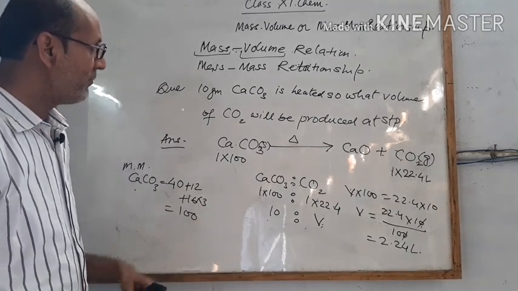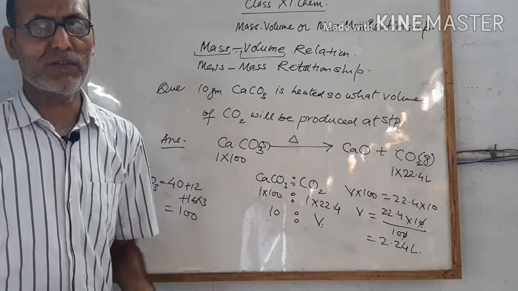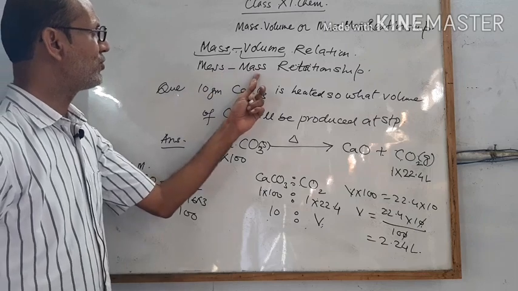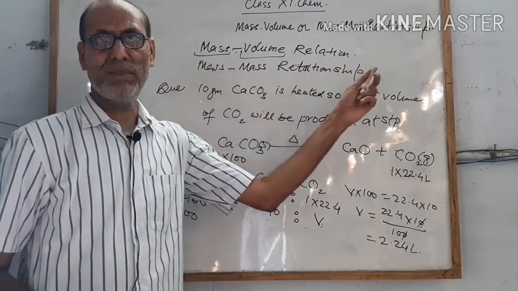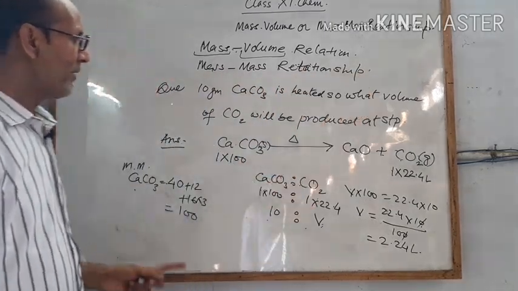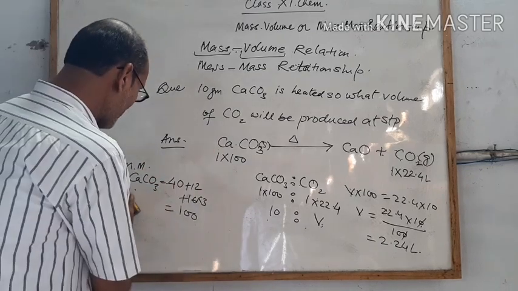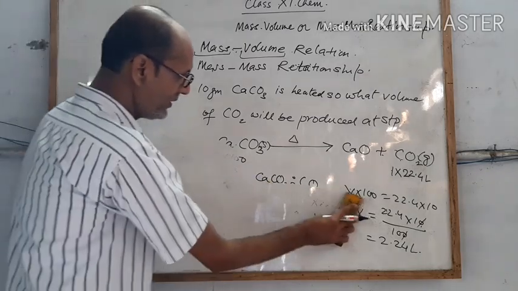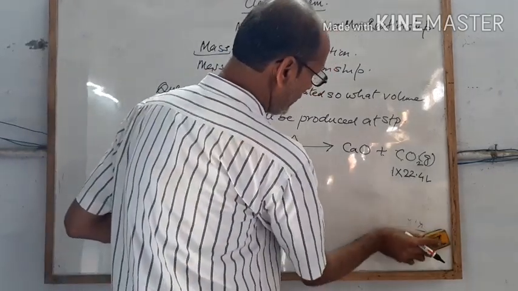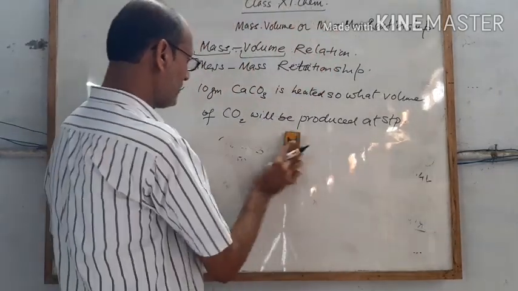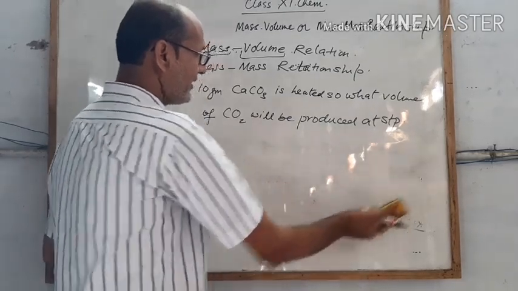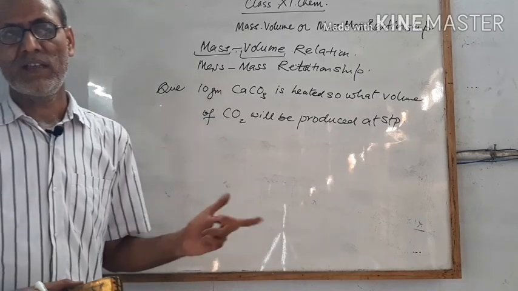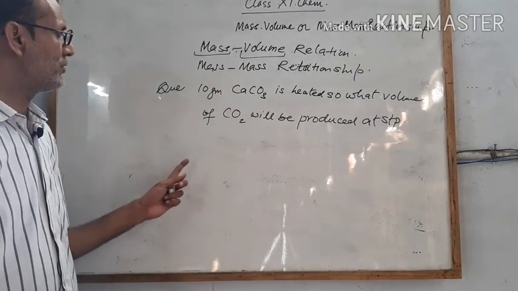If mass is given and you have to calculate mass, then this is the mass-mass relationship. You have to calculate the molecular mass of the substance whose mass is given, and also the molecular mass of the other substance whose mass you have to calculate. That means both substances' molecular masses should be calculated.